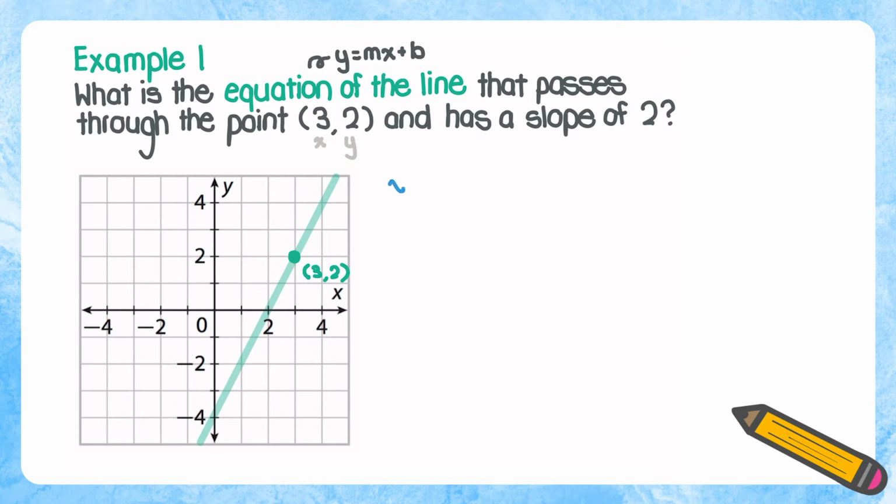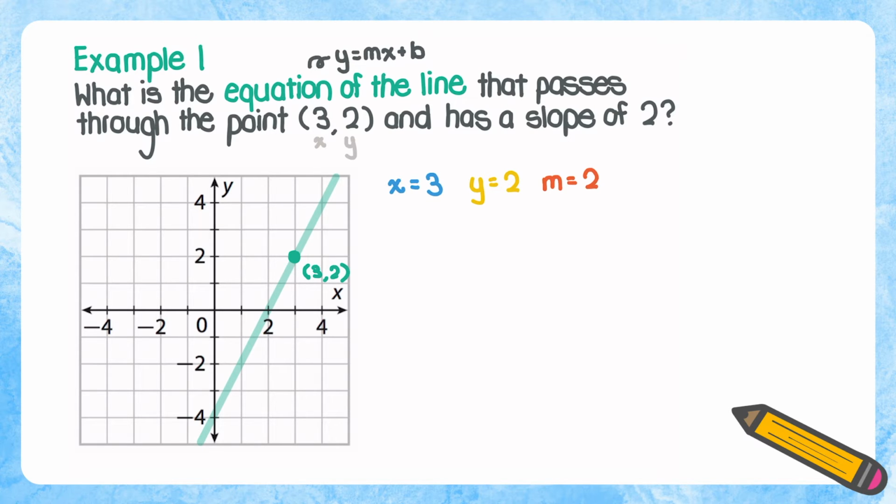Based on this given point, we know that x equals 3 and y equals 2, the y value of the point. We're also given the slope, m equals 2. So we have these values. Now we're just going to plug these in to find any missing pieces.